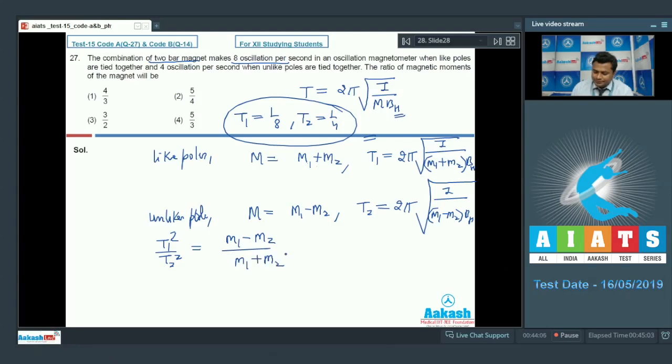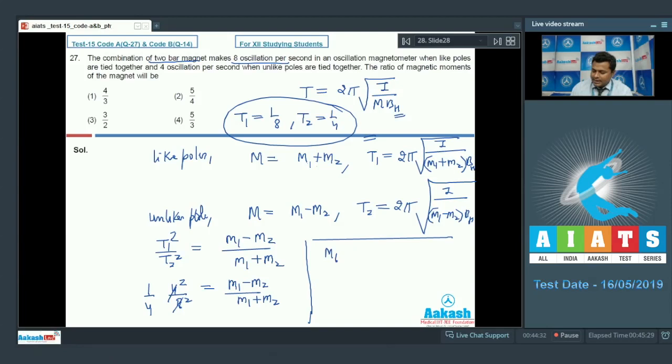T1 is 1 by 8, T2 is 1 by 4. So solving it gets us 4 square upon 8 square equals M1 minus M2 upon M1 plus M2. Let us solve it further. 1 by 4 we will get as a result.